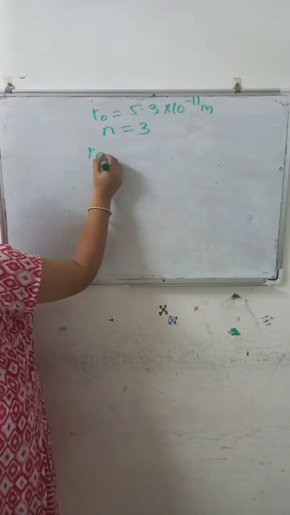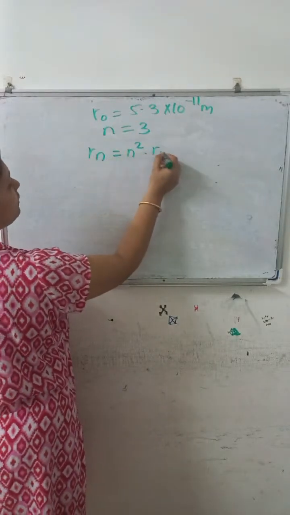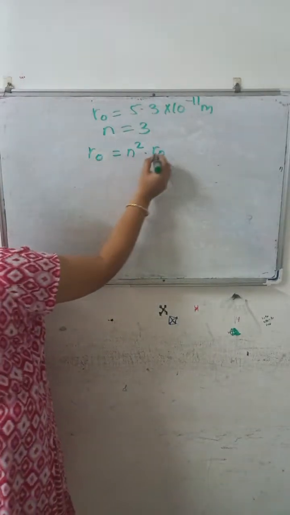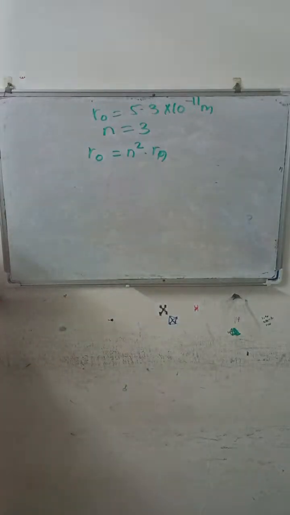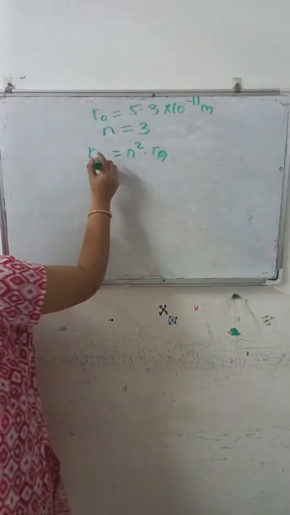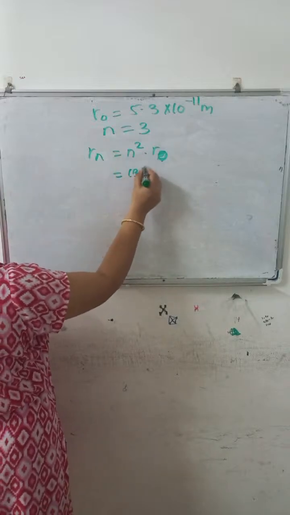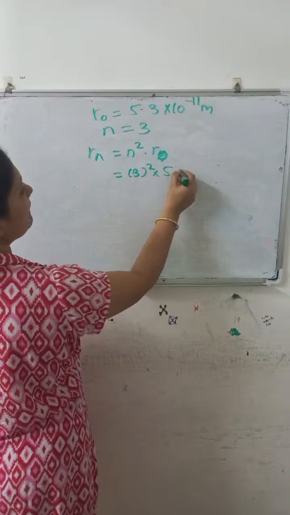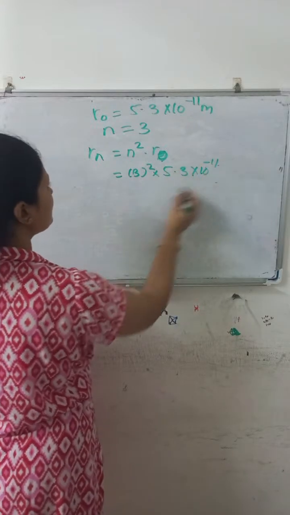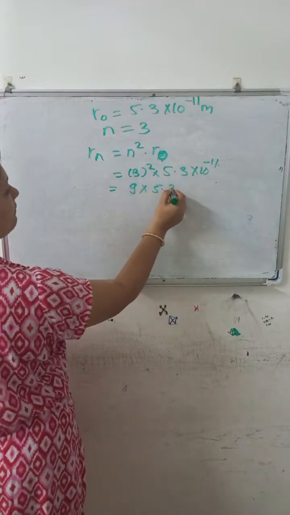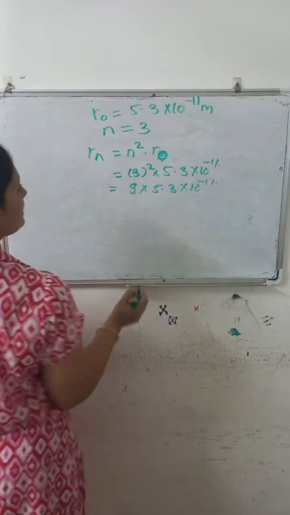So Rn is nothing but n square into R naught. Here n is 3, so 3 square, and R naught is given as 5.3 into 10 raised to minus 11.